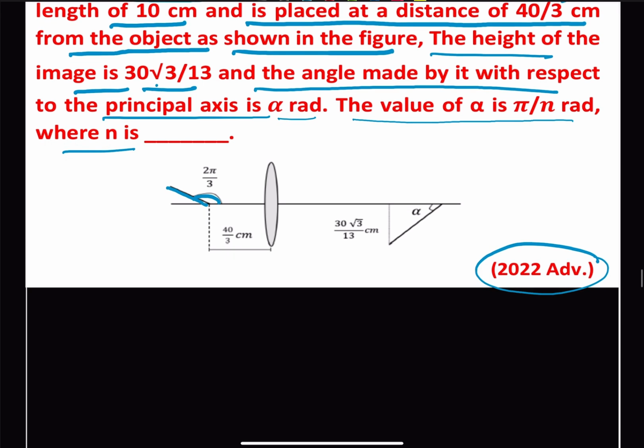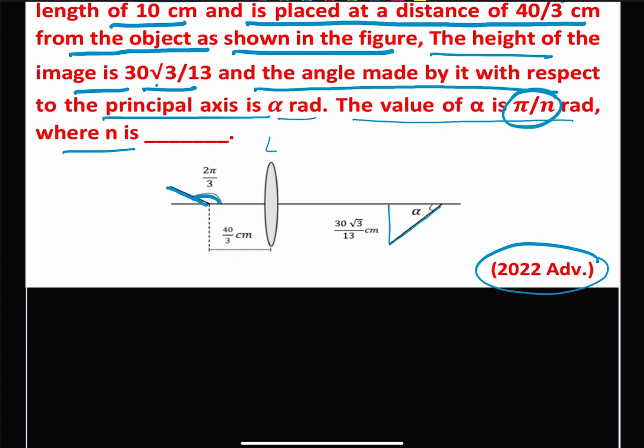Let us call this lens L, and we get an image whose height is given as 30 root 3 divided by 13, and the angle made by this image with respect to the principal axis is alpha. We have said that alpha is pi upon n, so we have to find the value of n. Basically we are going to find out alpha and then relate it with pi by n.